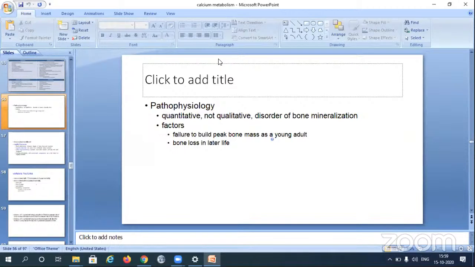Okay, no problem. What about rickets and osteomalacia? You have not covered them, no?